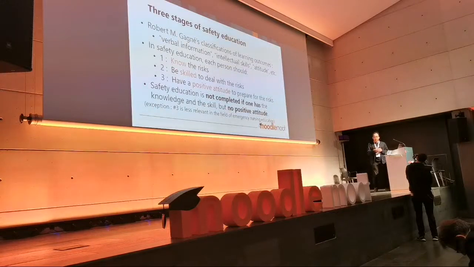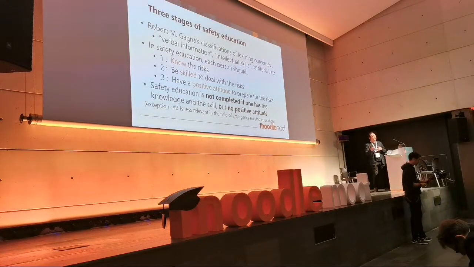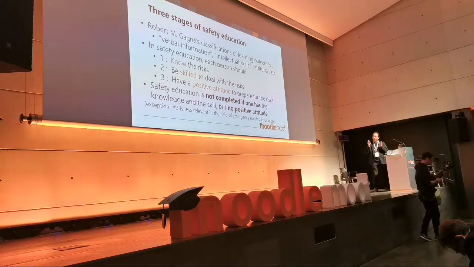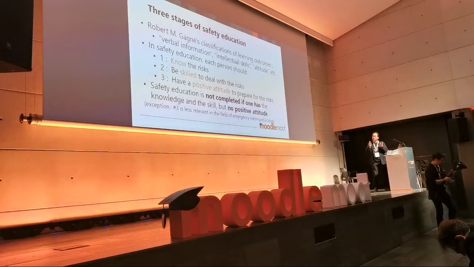For example, they know the risks and they know how to deal with the risks, but if they think, maybe not today, tomorrow I will try to prepare for the risk, then the person has no positive attitude toward the risks.